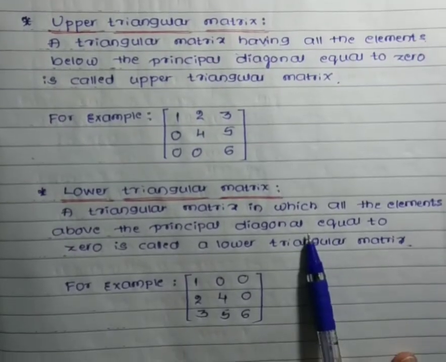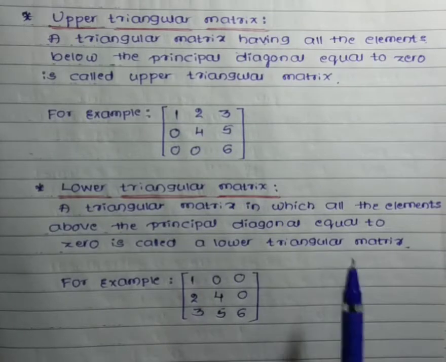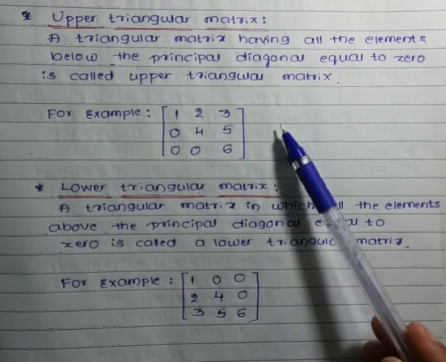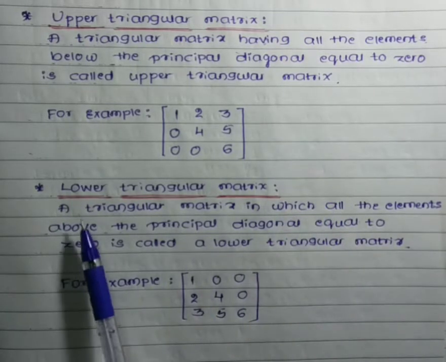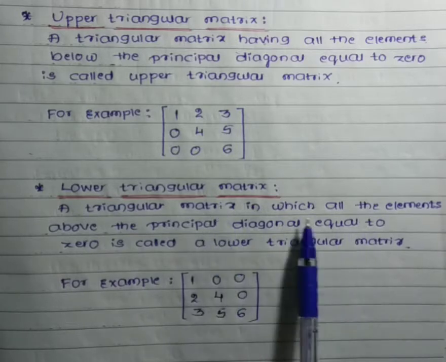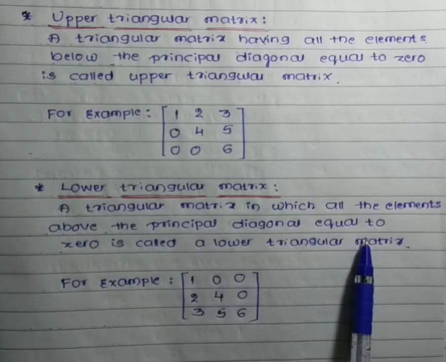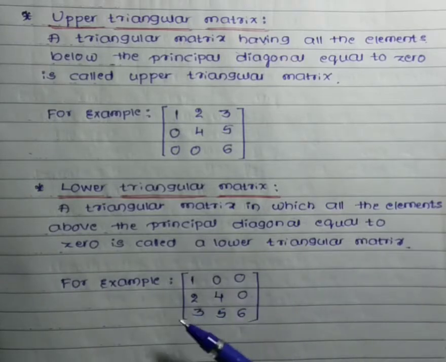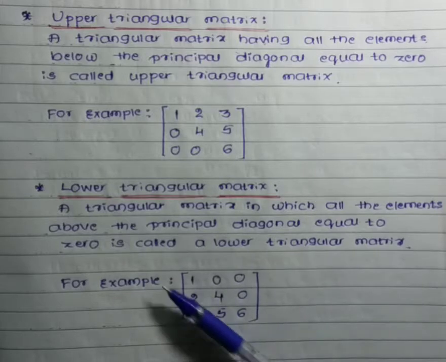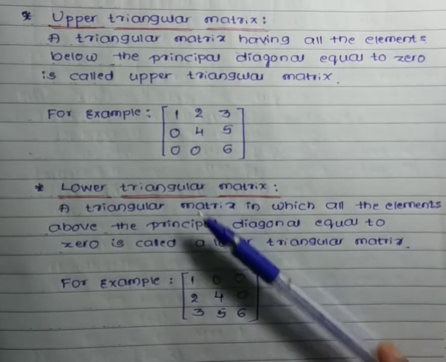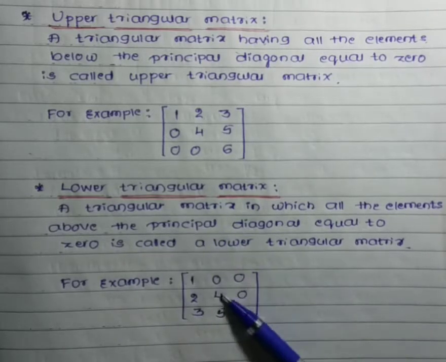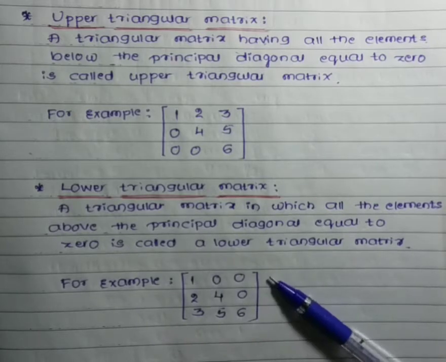Similarly, we have one more definition, that is lower triangular matrix, which is opposite to the above definition. So in lower triangular matrix, all the elements above the principal diagonal are equal to 0. So here we can observe 1, 4, 6 are the principal diagonal. So above the principal diagonal, all the elements are 0 in this example.